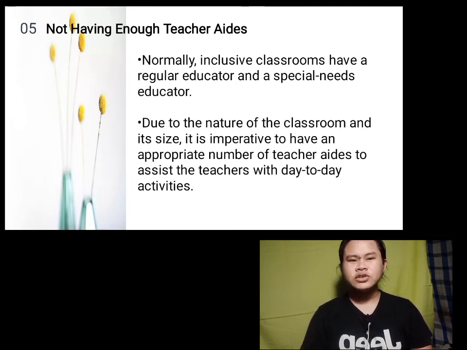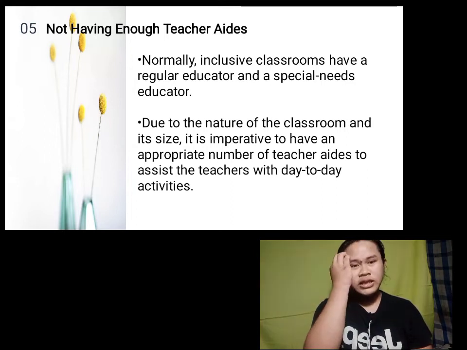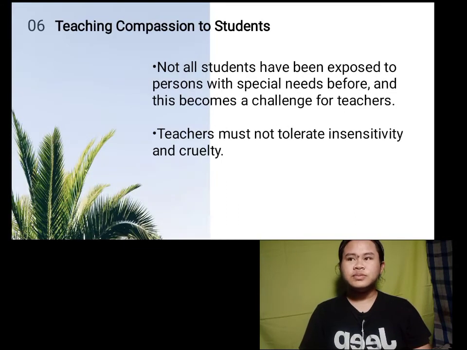For the regular classroom, the number of students is only 15 to 22 for one general educator or teacher. But for inclusive education, there are only 3 to 10 in the special education setting or classroom.